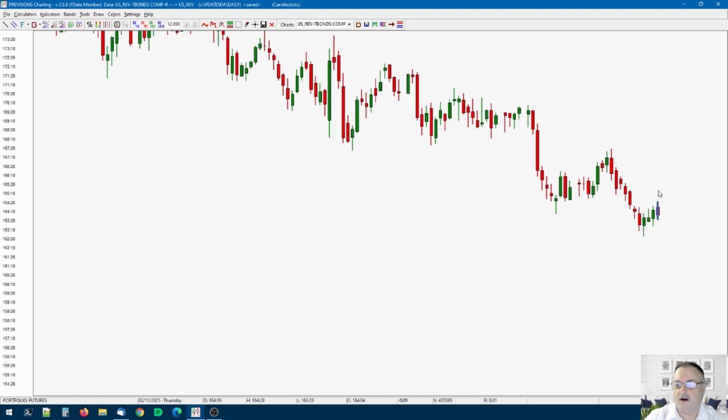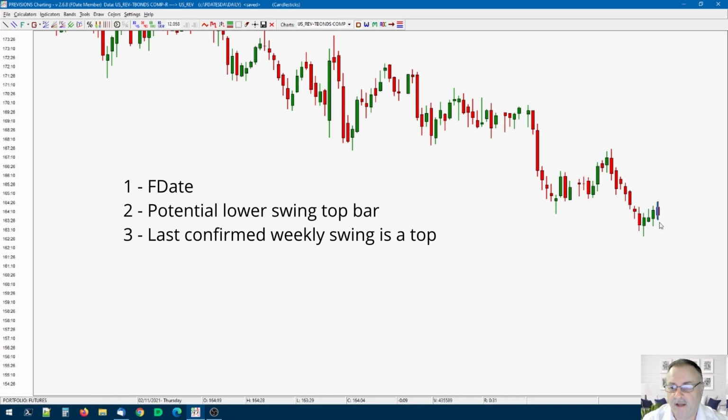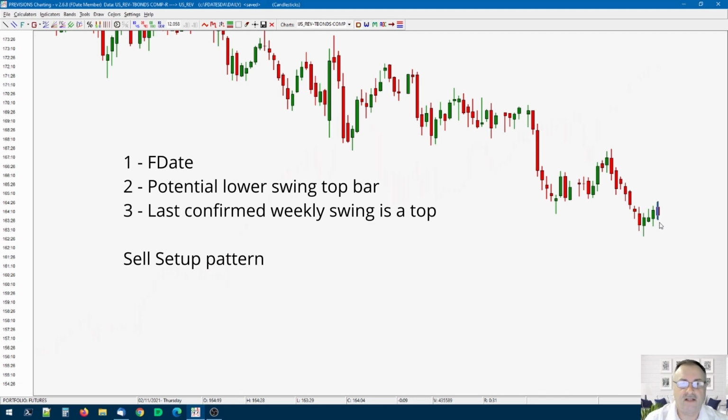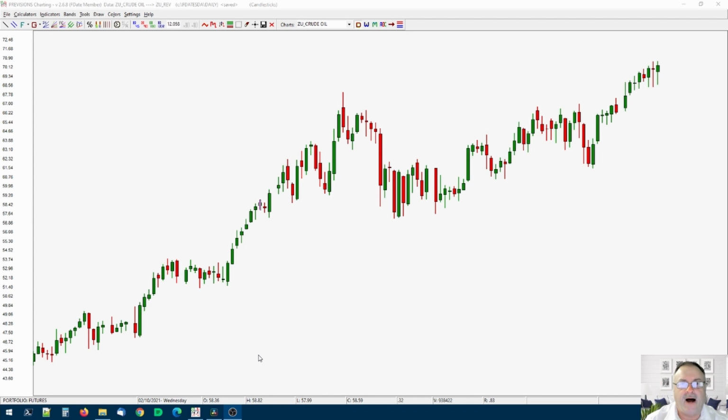On the daily chart, because we have a potential lower swing top, because it's in an F date, and because the last weekly swing is a confirmed top on the weekly time frame, we have a sell setup. It's important that we note what buy and sell setups are used for. Most times people think of setups as a signal that if you have a buy setup, that means go long.